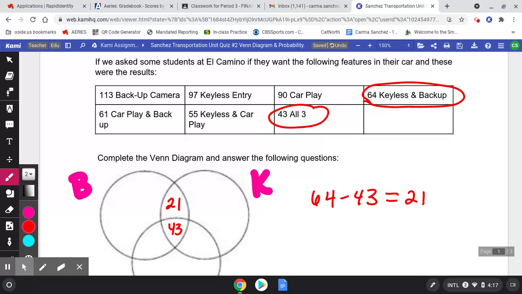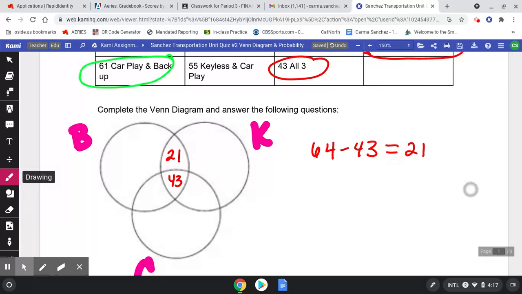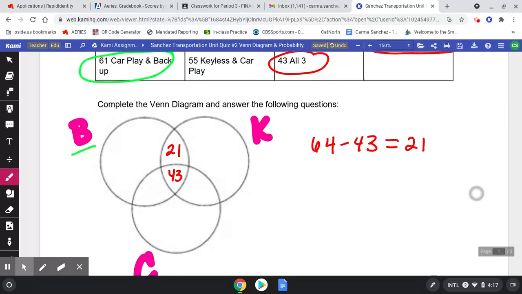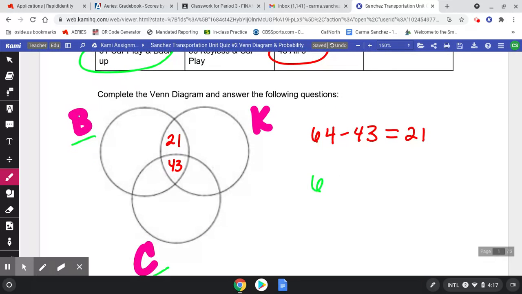Okay, let's go do the same thing for the CarPlay and backup cam. So CarPlay and backup cam, we're looking at a total of 61, but 43 have already been counted. So again, we have to subtract in order to get this one.